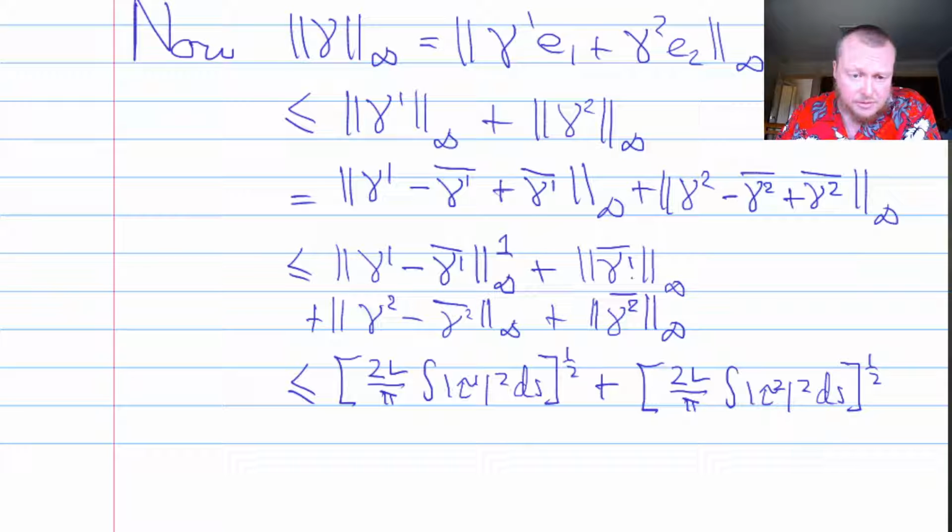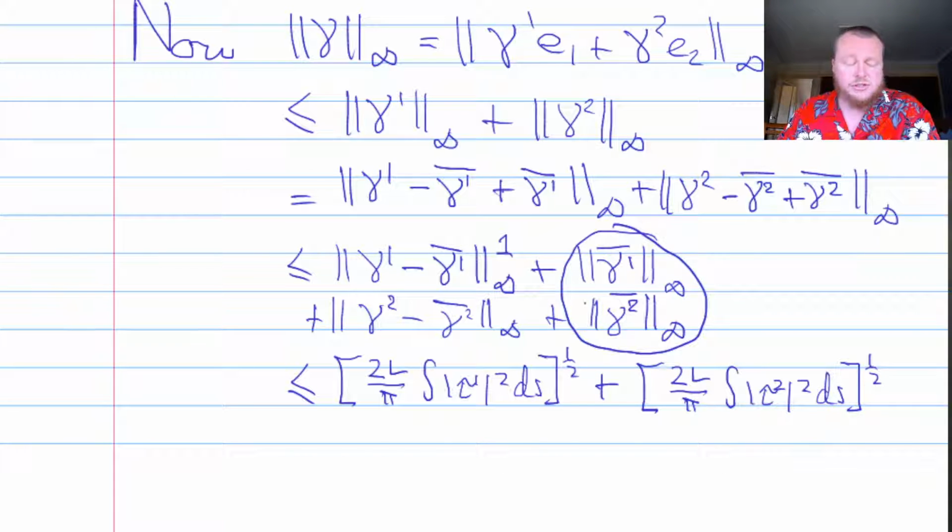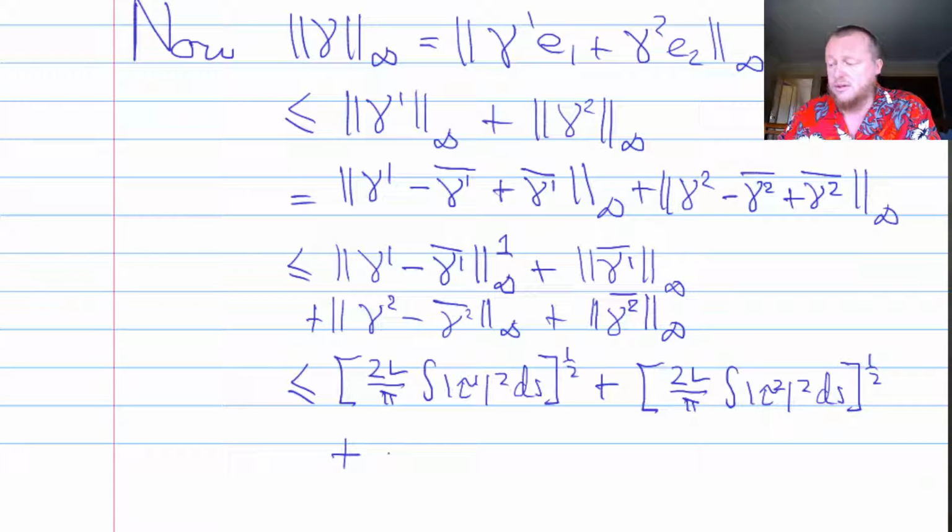And then we've got these two averages, and like I said before, these are just actually numbers. 1 over L integral over the curve, and this is just this function gamma 1, this coordinate function.